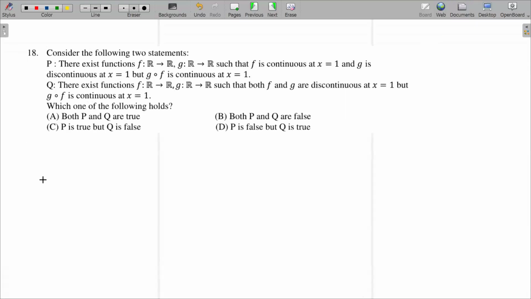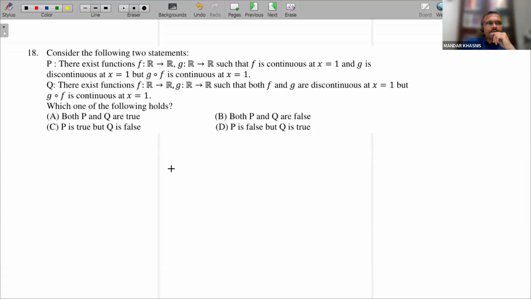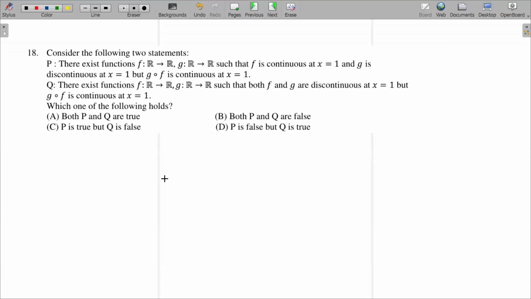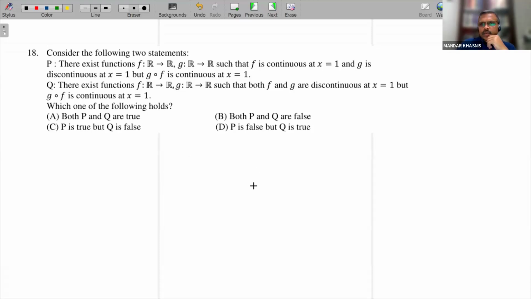Both are true. Both P and Q are true, you mean? Yes, sir. Okay, fine, good. Let people think. I'll wait for some more seconds.